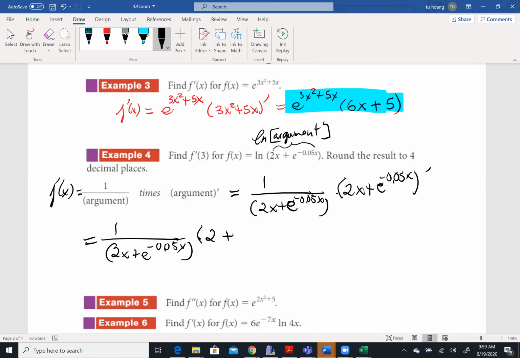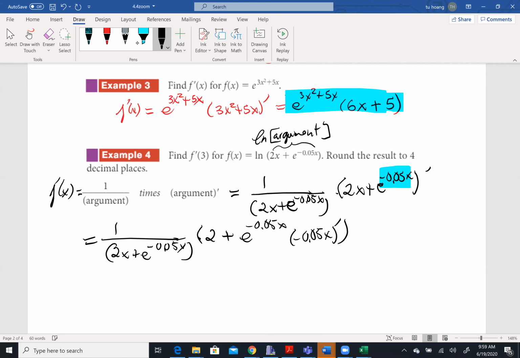This is also a composition function of the natural exponential function, so you have to take care of the power's derivative also. So it has to be equal to itself first, e to the negative 0.05x, and then you multiply with the power's derivative, the derivative of negative 0.05x.